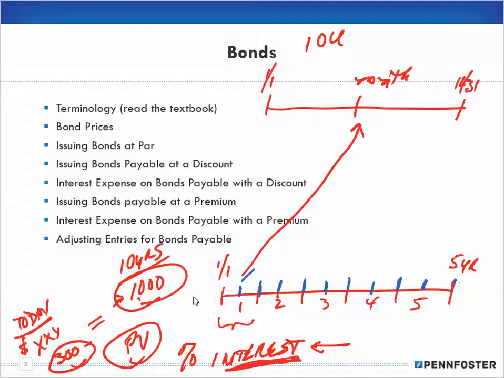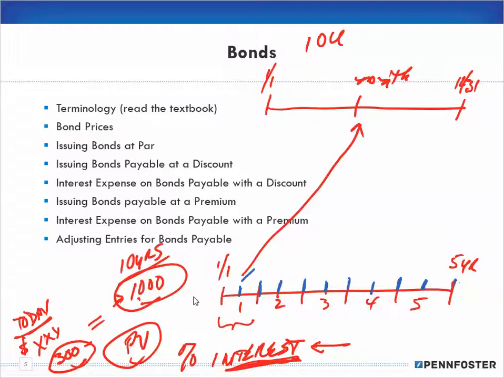I'm also going to be presenting these from the way I think about bonds, which obviously aligns with what's in the textbook, but it allows me to have some kind of structure in my mind when I think about bonds. Bonds on the surface seem very, very complicated, especially if you just read through the chapter real quick.